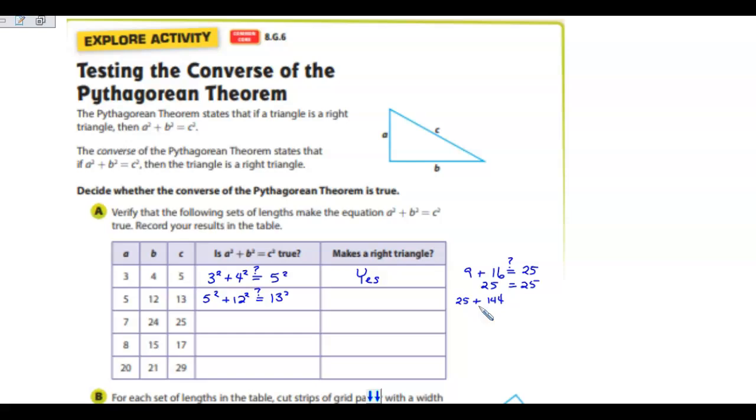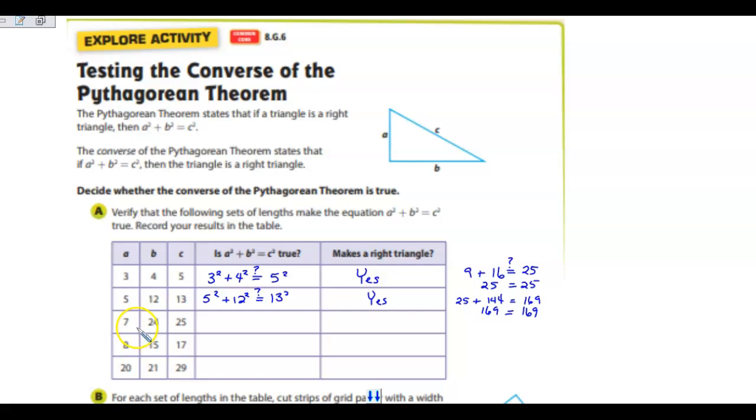So 144 plus 25, and that gives me 169. And 13 squared is 169. So yes, this is a right triangle.